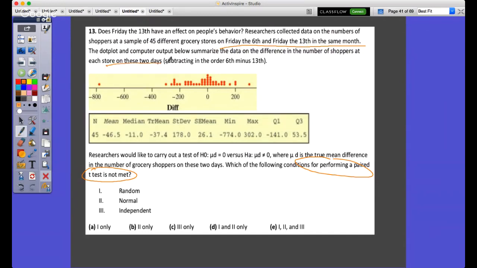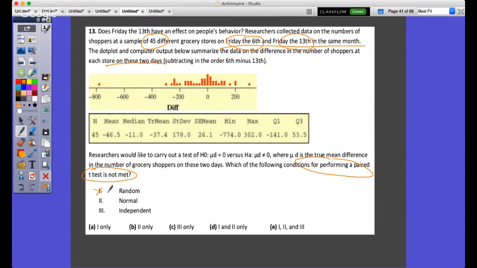Each store on these 2 days. Well, that's not really random, y'all. I don't think that's random. Sample of 45 different grocery stores on the same day. Yeah, I would say that this is not met.